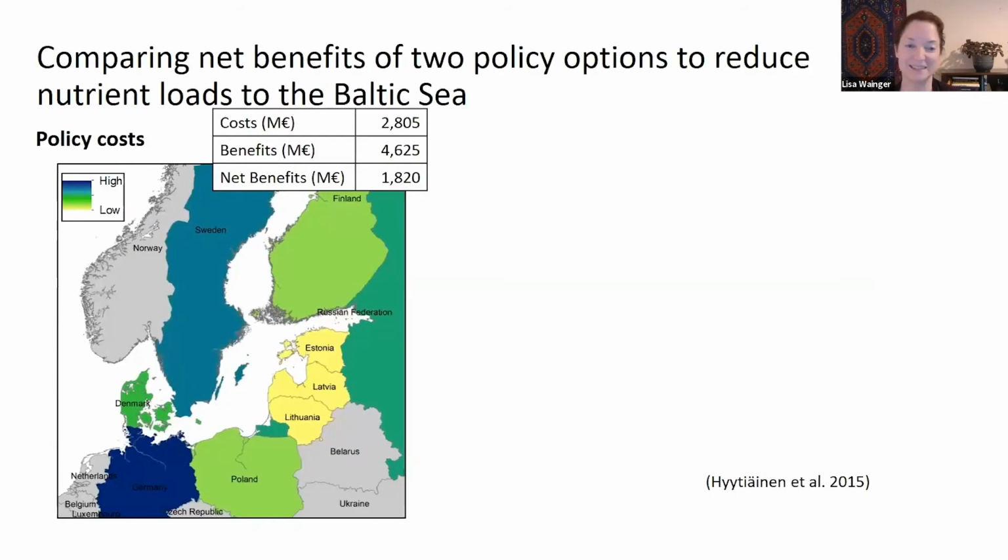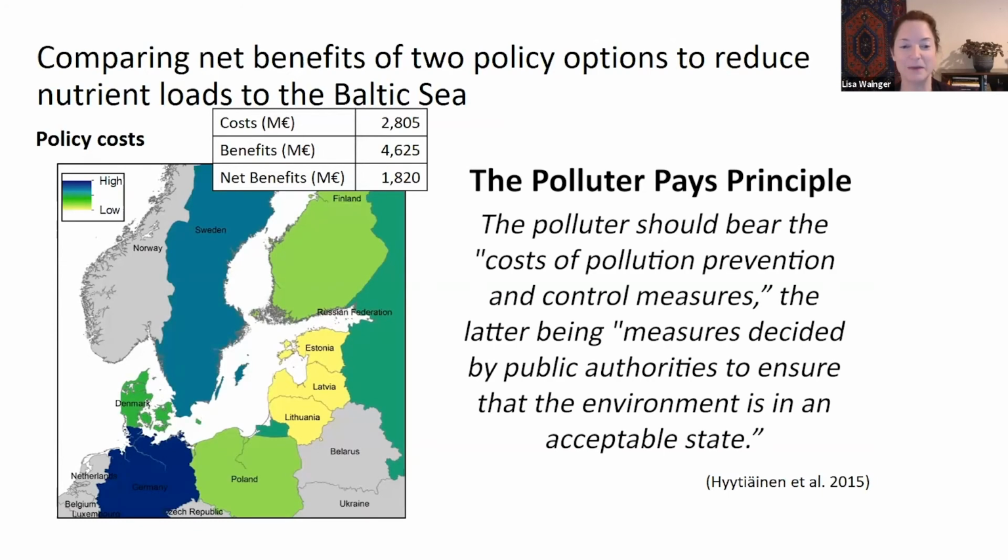But now we get into this bigger question of what does fairness cost? This map on the left shows how they allocated nutrient reductions to each country based on how much they polluted. So this is kind of, if you did it fairly, they called it the polluter pays principle.